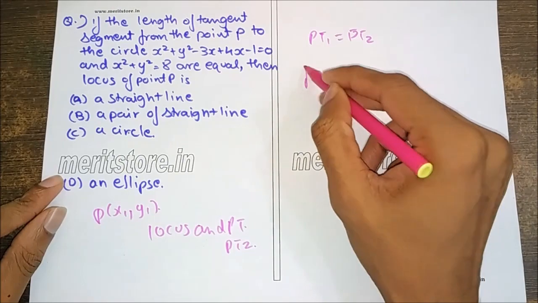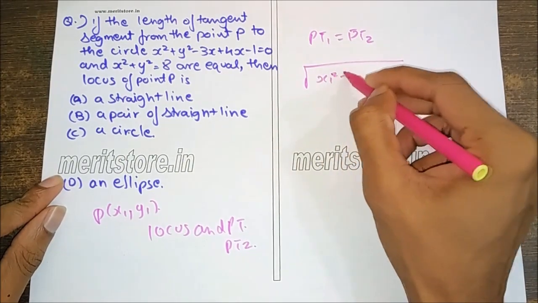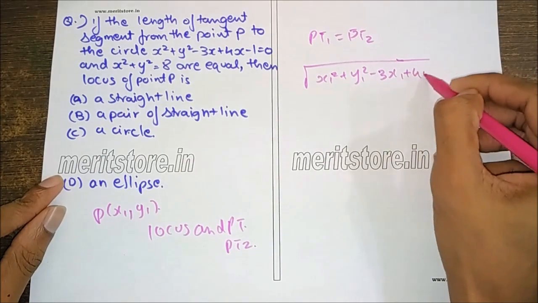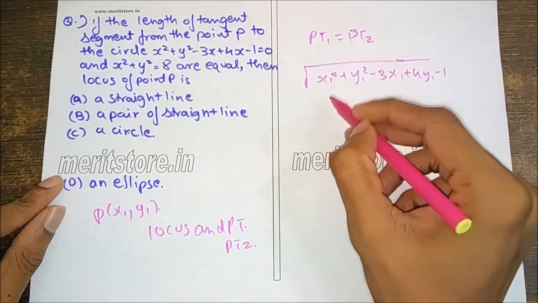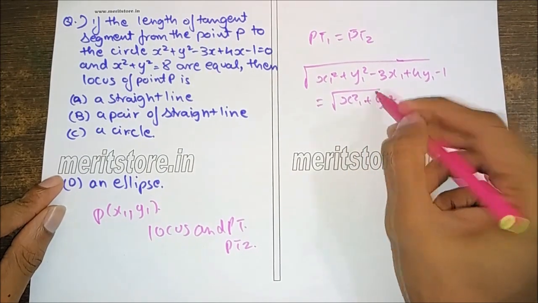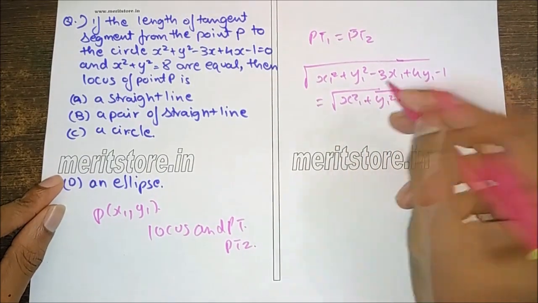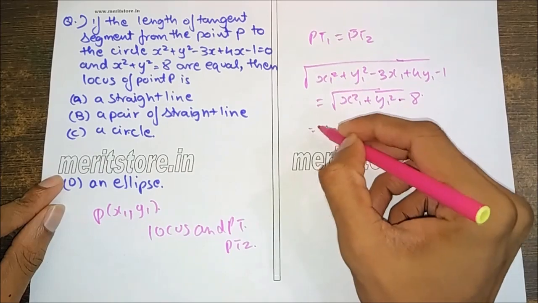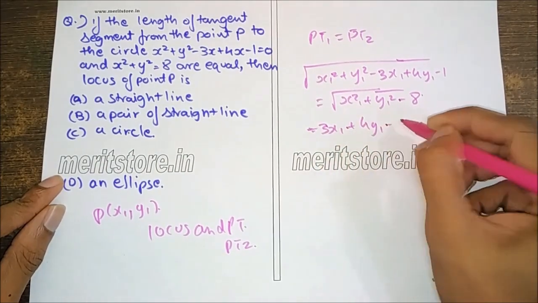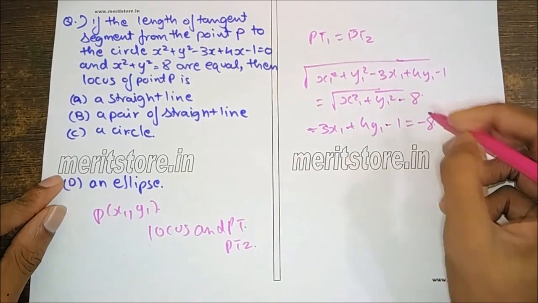For solving, we have x1 square plus y1 square minus 3x1 plus 4y1 minus 1, which is equal to x1 square plus y1 square minus 8. Further, minus 3x1 plus 4y1 minus 1 is equal to minus 8.